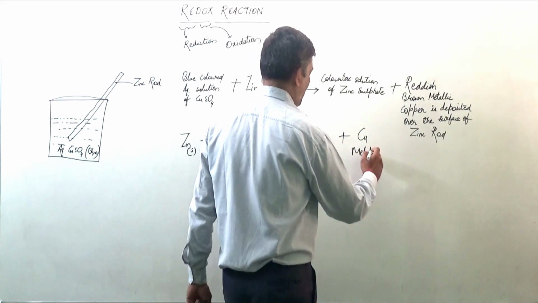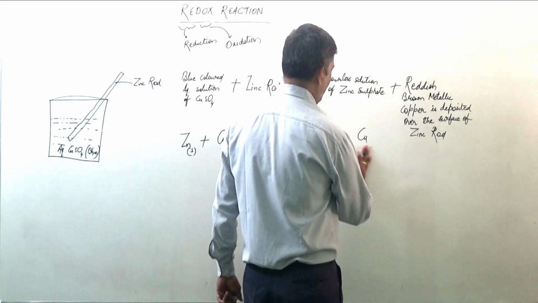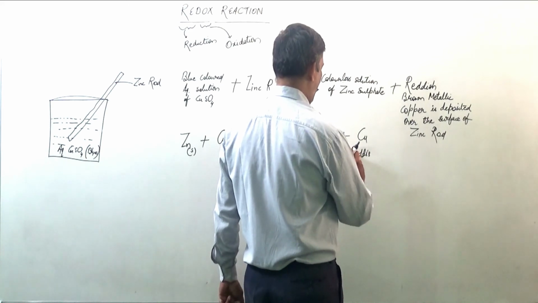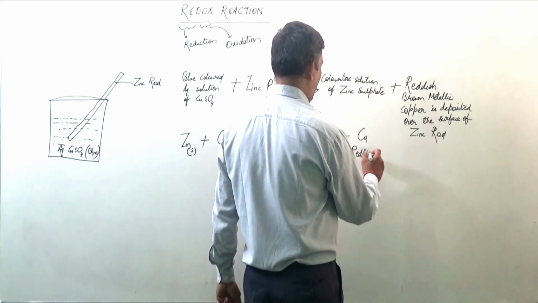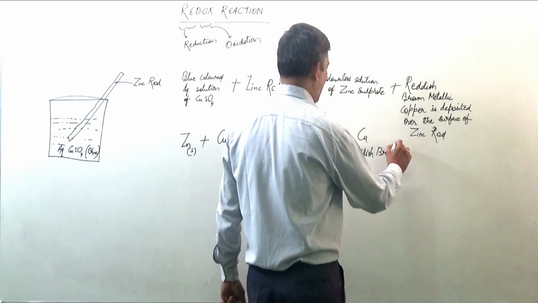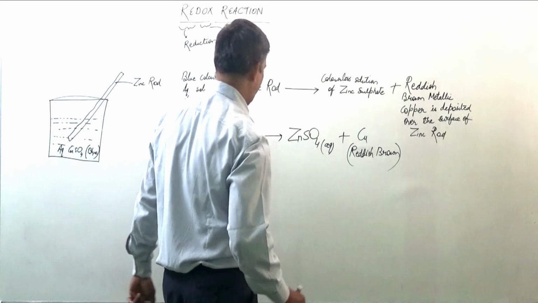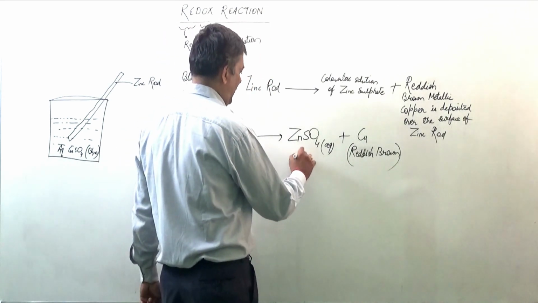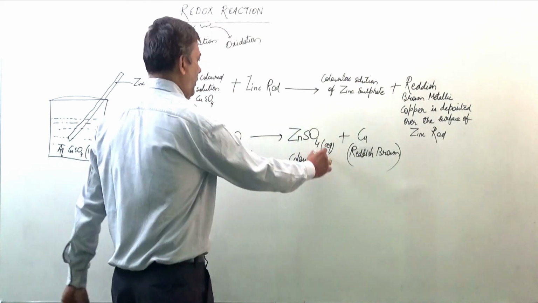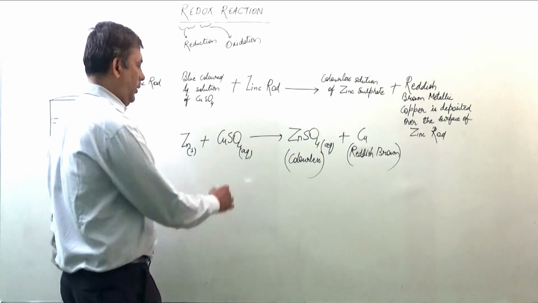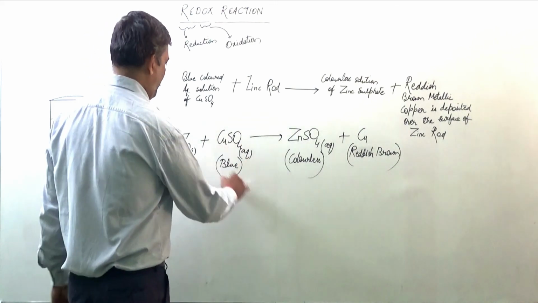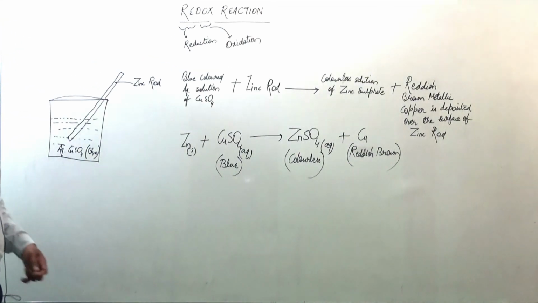The zinc sulfate is a colorless solution, and copper sulfate is blue in color. This was the observation from this experiment.